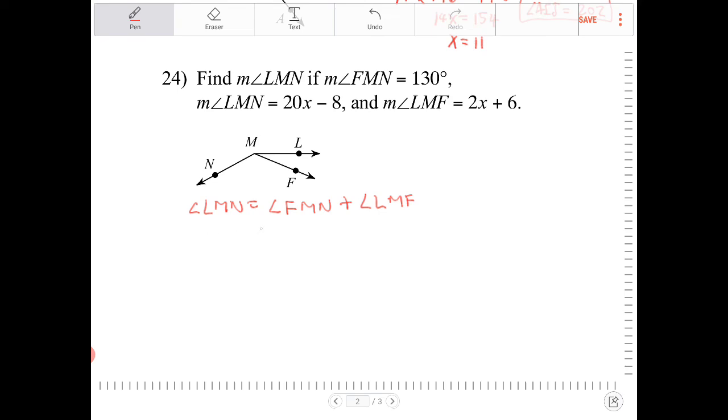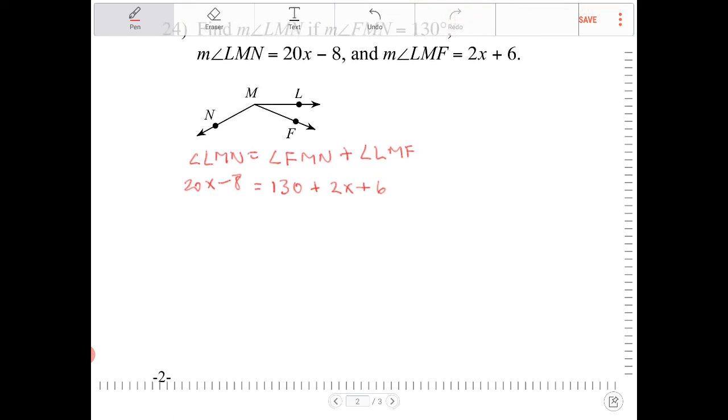So if I make the substitution, LMN is equal to 20x minus 8. FMN is equal to 130. LMF is equal to 2x plus 6. Again, I want to make the correct substitutions in here. I end up with 2x plus 136 is equal to 20x minus 8.